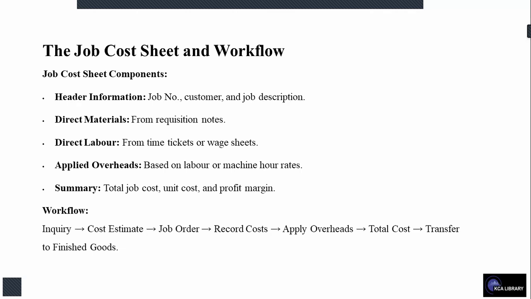And we also have the direct labor, which is from time tickets or wages sheets. There is also the applied overhead, based on labor or machine hour rate. And there is a summary which deals with total job cost, unit cost, and the profit margin.